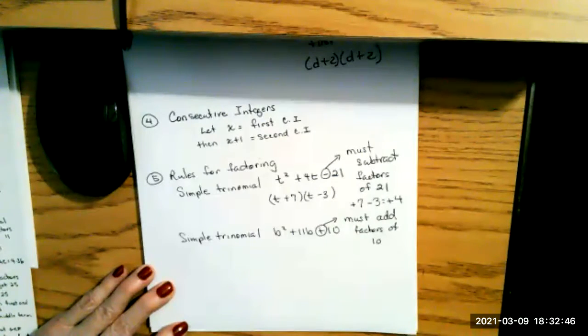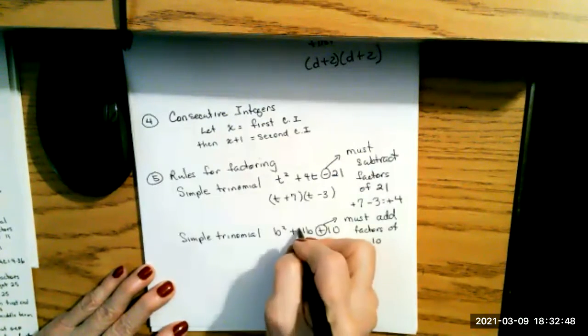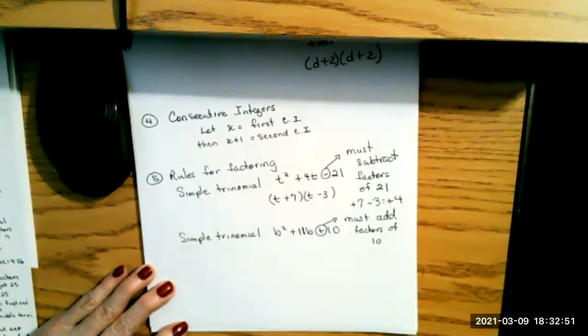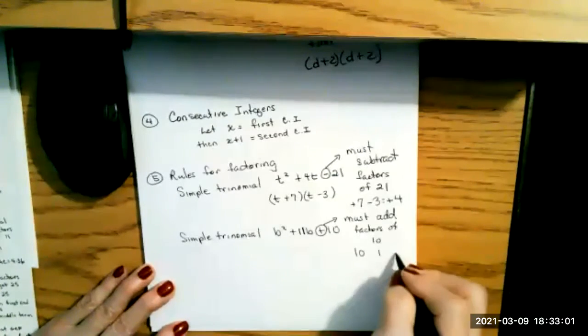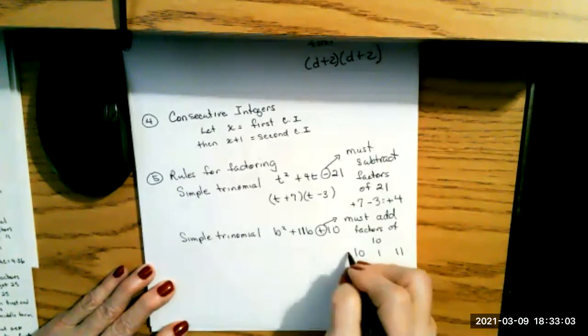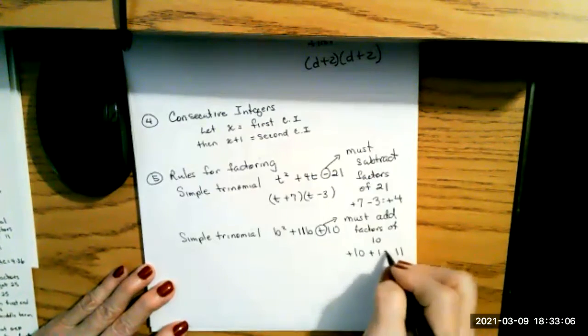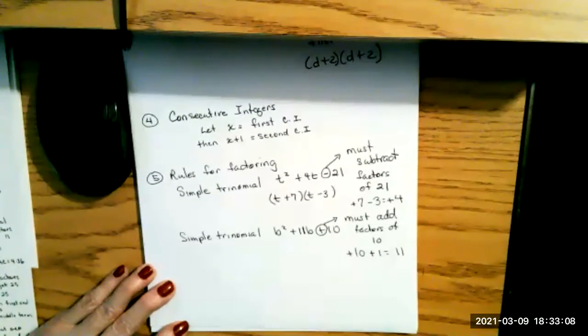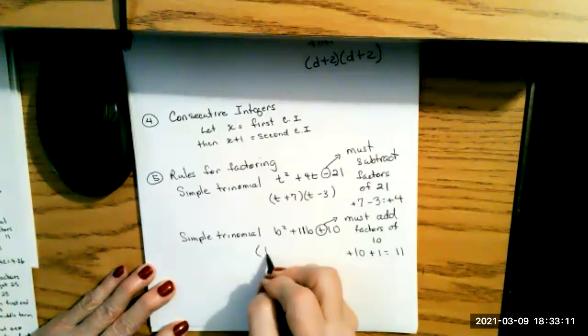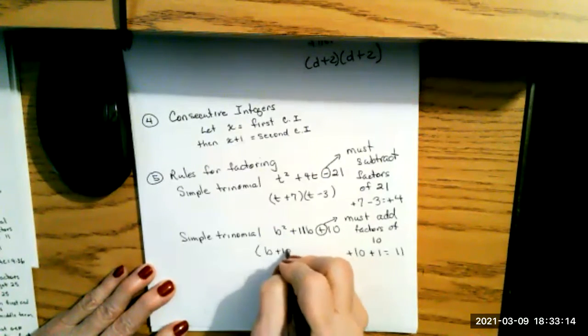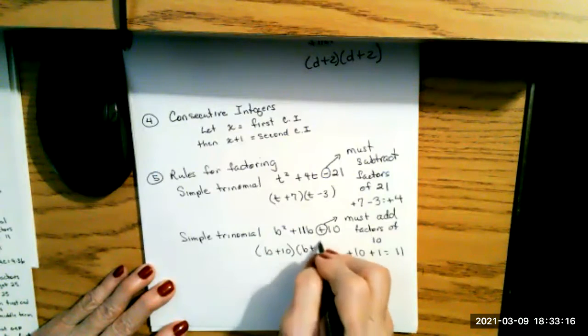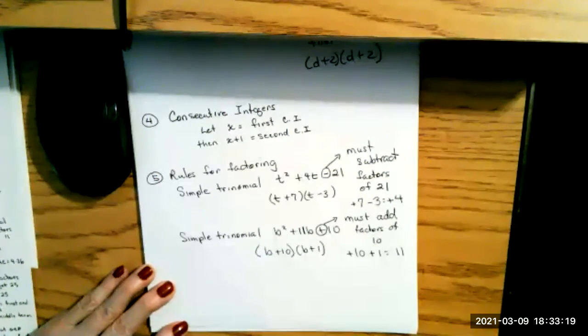And I want to get 11. 11 is what I have in the middle. So can anybody tell me what factors I can use to get 11 in the middle? 10 and 1. That's right. 10 and 1 would give me 11 when I add them. I want 10 to be positive and 1 to be positive to get a positive 11. So now I'm ready to factor: b plus 10, b plus 1. Got it?